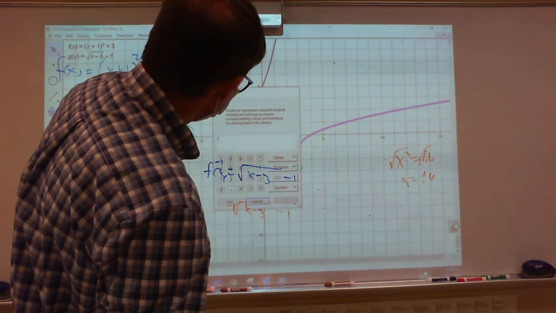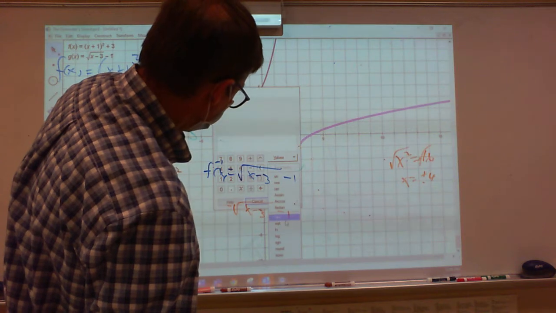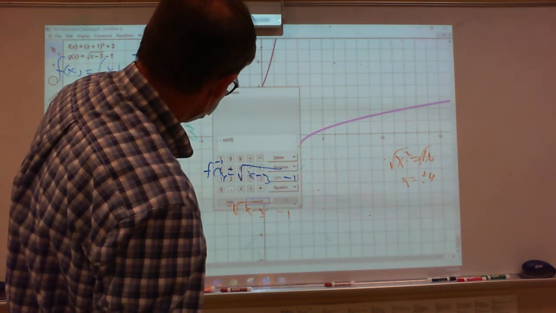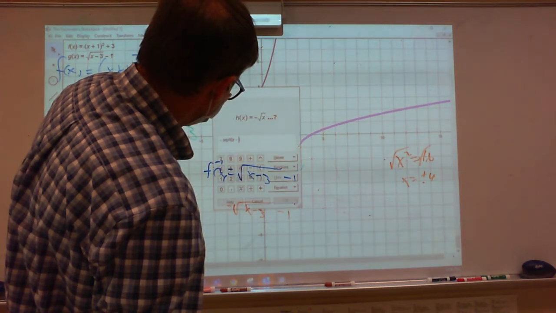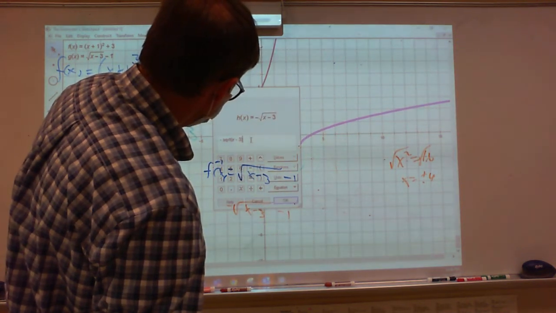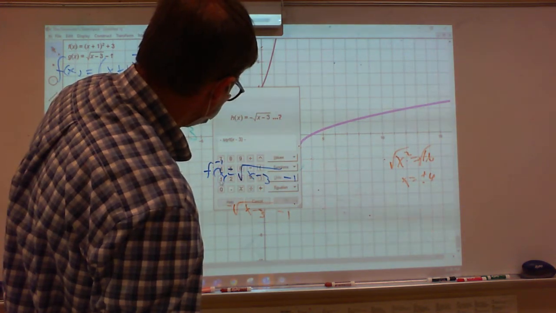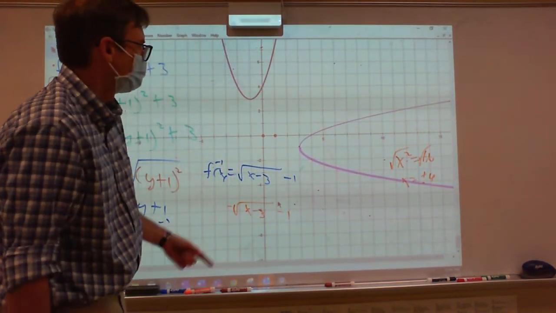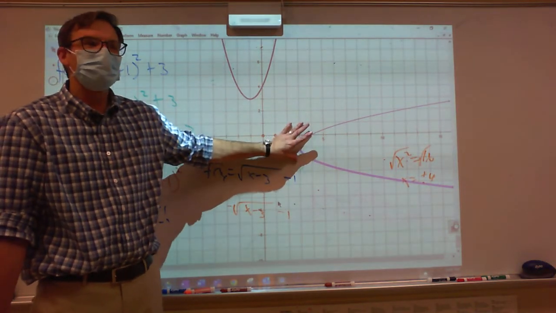I'm going to plot negative square root of x minus 3, minus 1. You see how I got the bottom half now? So we get our full thing.